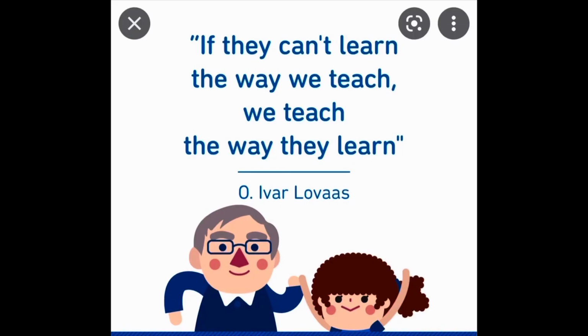In 1973, Dr. Ivar Lovaas created what we now call ABA therapy, which continues to be viewed today as the most effective therapy for working with children with autism to develop language and behavioral skills. And then in 1977, research on twins indicates that autism is primarily caused by genetics and biological differences in brain development.